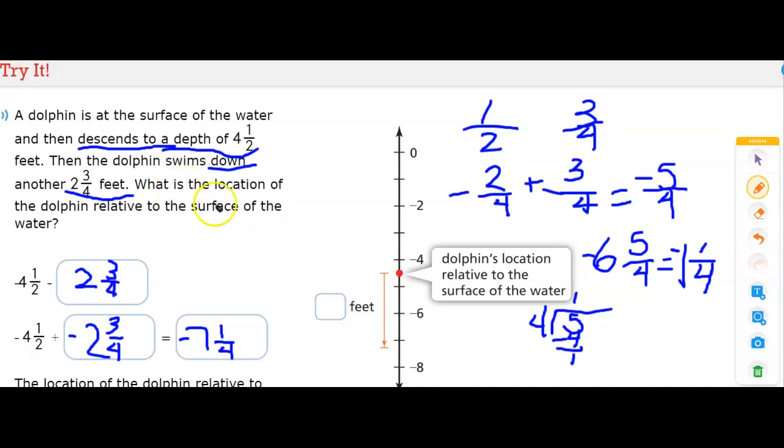So the location of the dolphin relative to the surface of the water is -7 and 1/4. So that's how deep the dolphin has gone into the water.